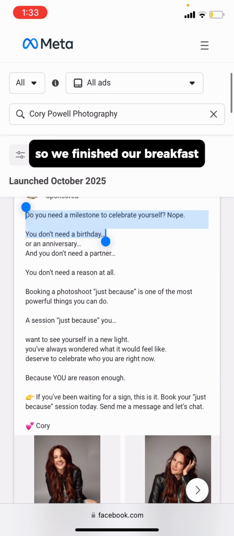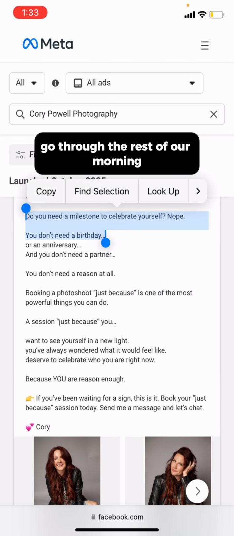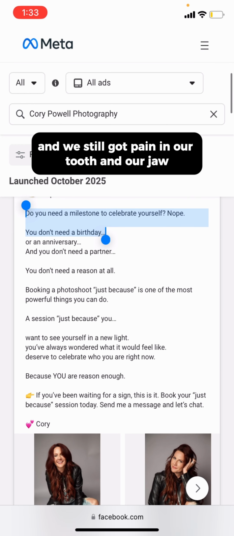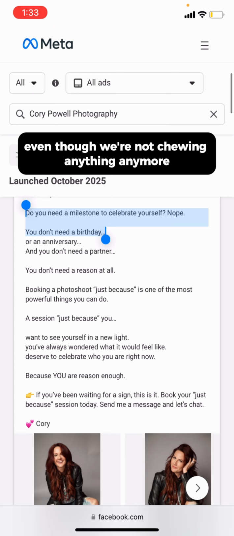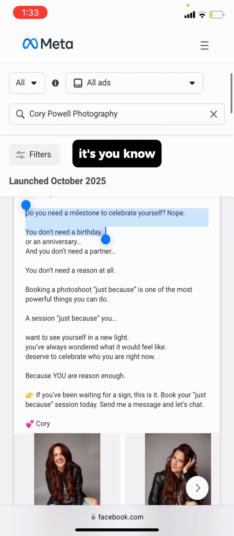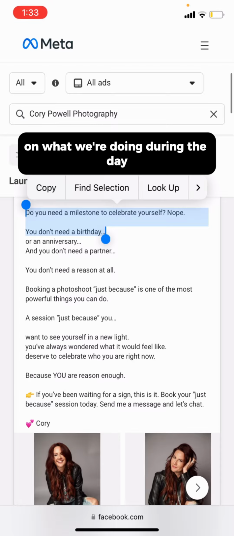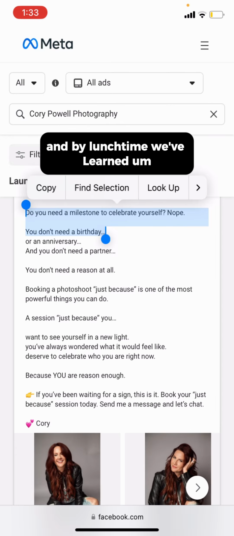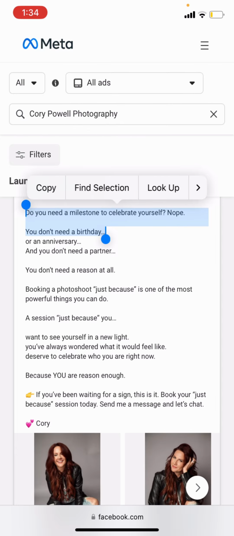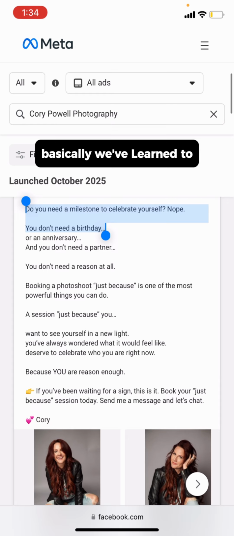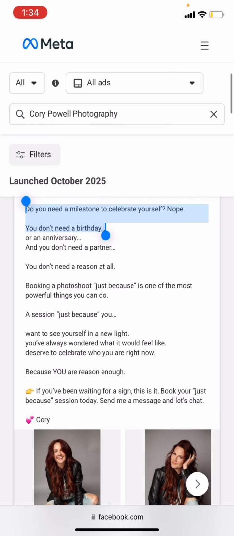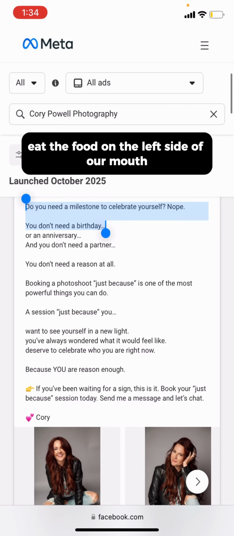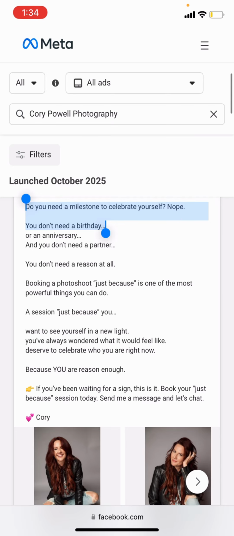So we finished our breakfast, go through the rest of our morning, and we still got pain in our tooth and our jaw, even though we're not chewing anything anymore. It's making it hard for us to concentrate on what we're doing during the day. But we make it to lunch, and by lunchtime we've basically learned to eat the food on the left side of our mouth.